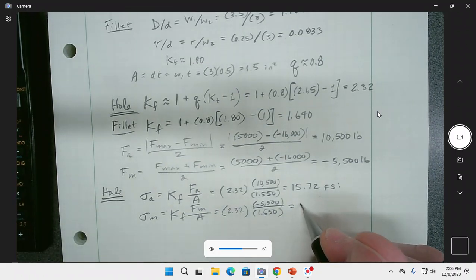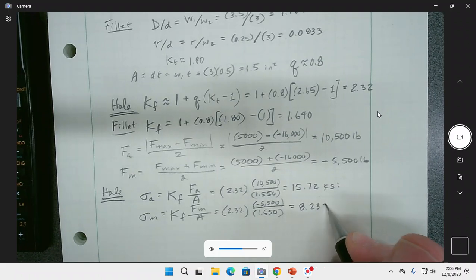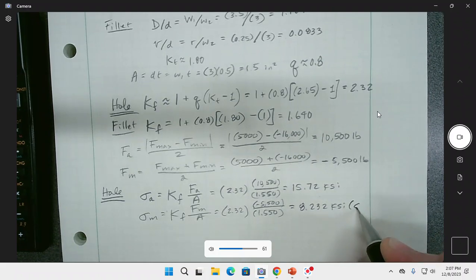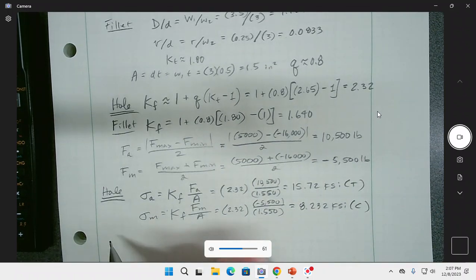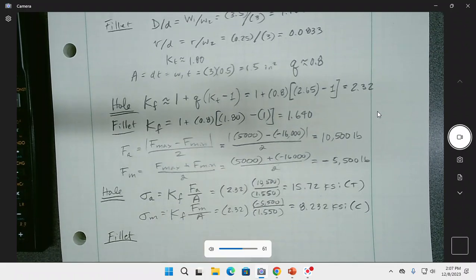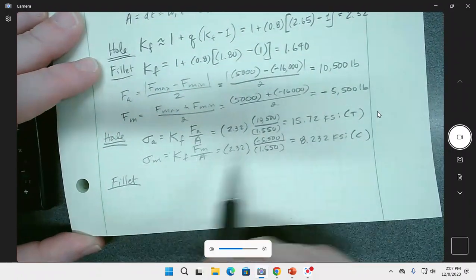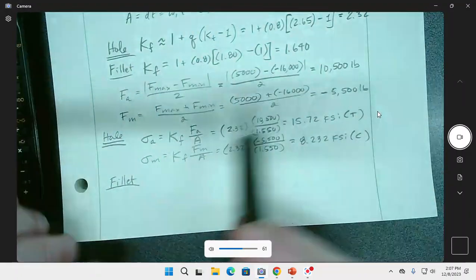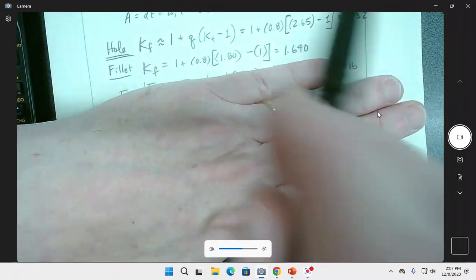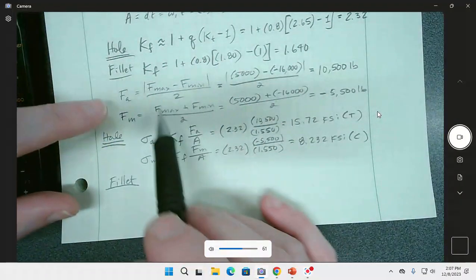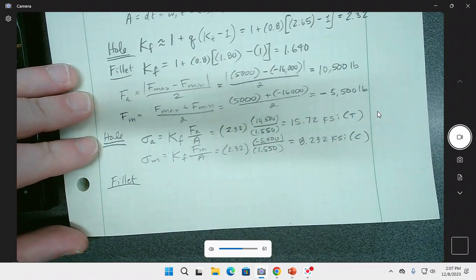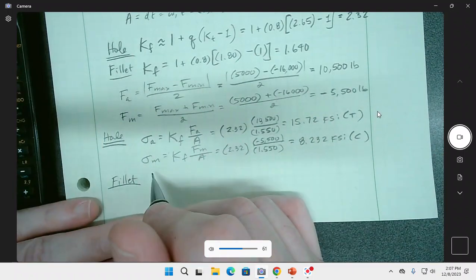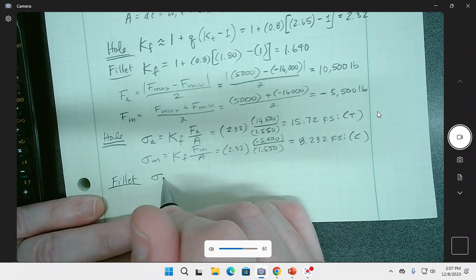So that's 8.232 ksi compression. We might consider changing what those loads are. We're actually probably pretty good with everything up above. It's when we put these in here to make the problem a little bit more interesting. But we'll see this other one.